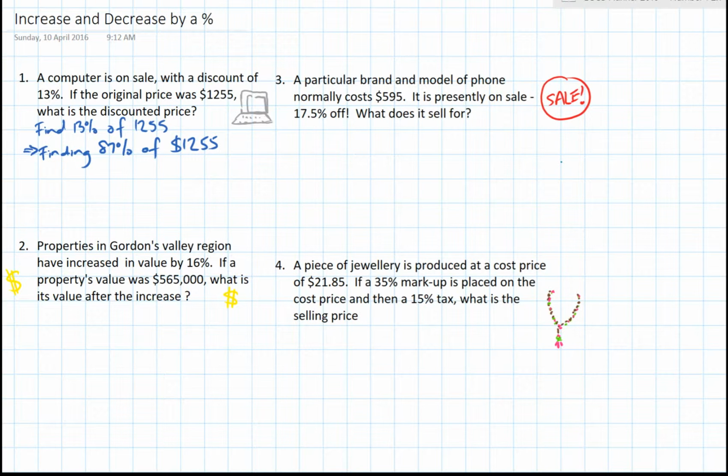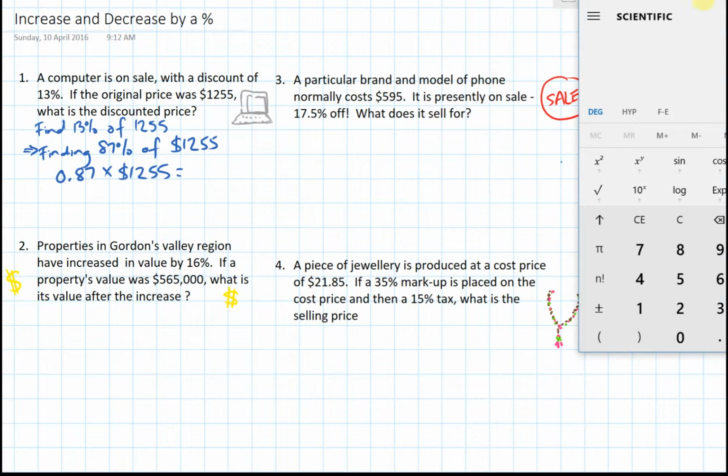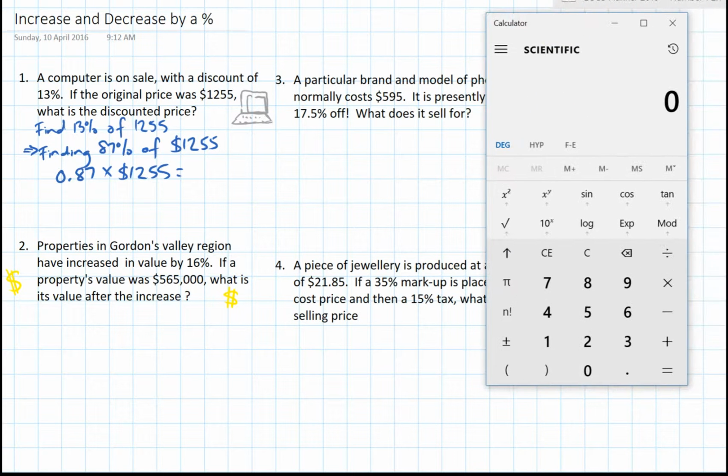So 87% is 0.87 times $12.55, which will give us the discounted price. So 0.87 times $12.55 gives us $1,091.85.